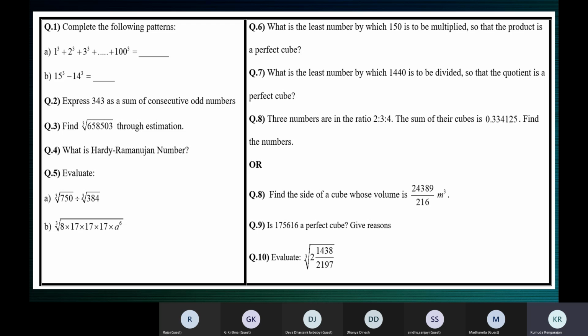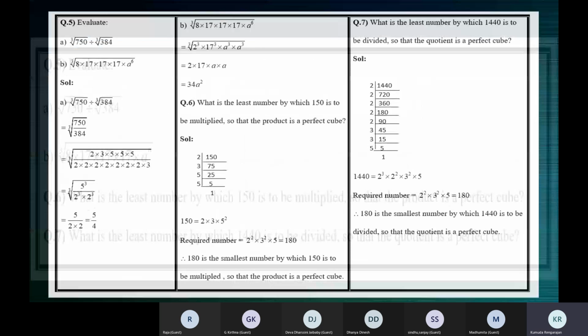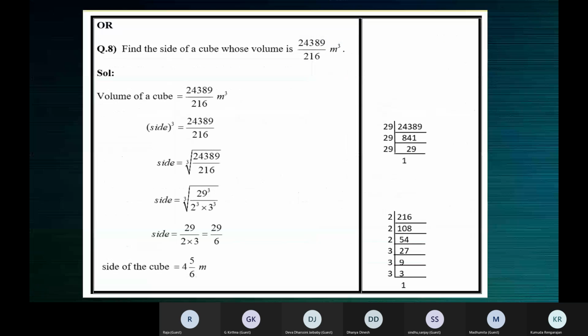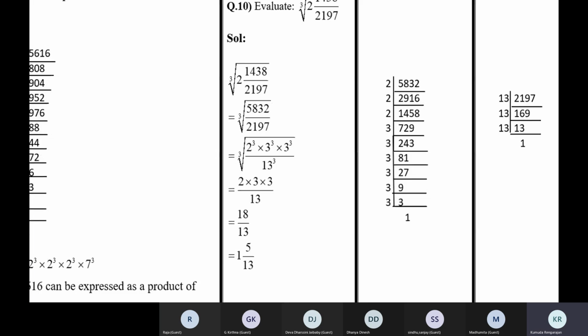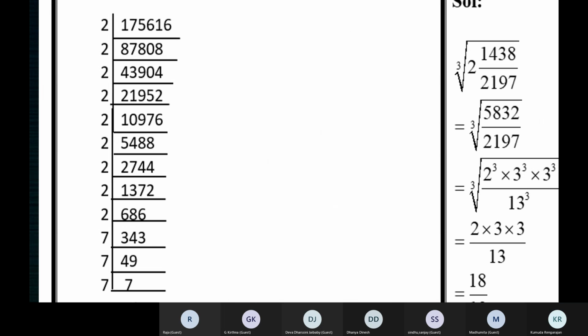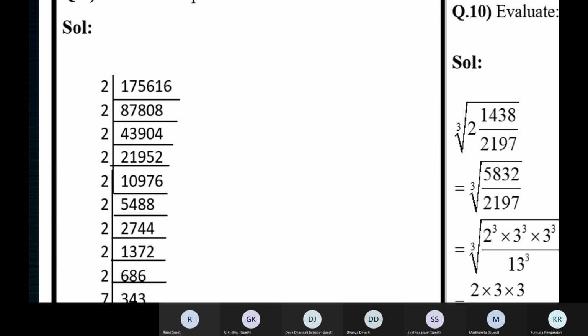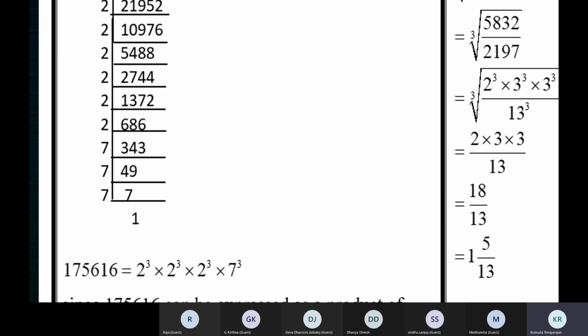Let's see the factors. See, children, this is what you must get.